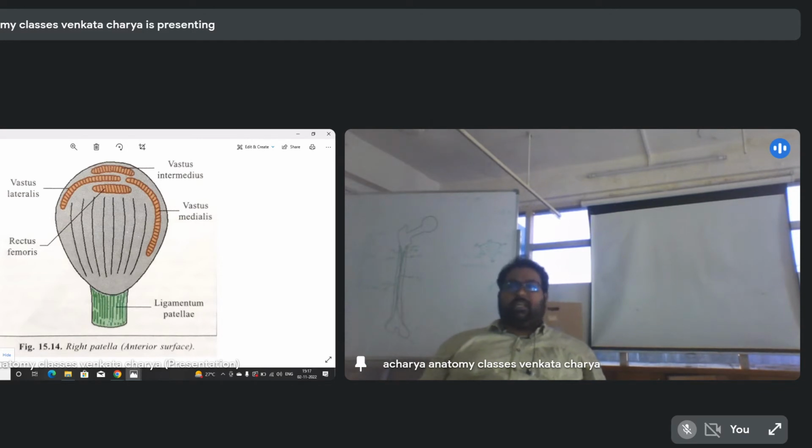Anterior inferior iliac spine. Correct. Anterior inferior iliac spine, straight head. Then the reflected head arises from where? Above the acetabulum, below the inferior gluteal line. Okay. So it runs downwards, finally inserted into the anterior part of the base of the patella.